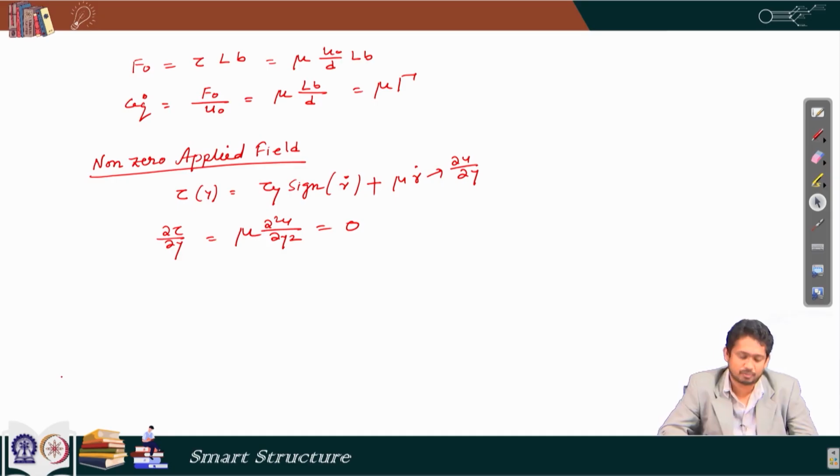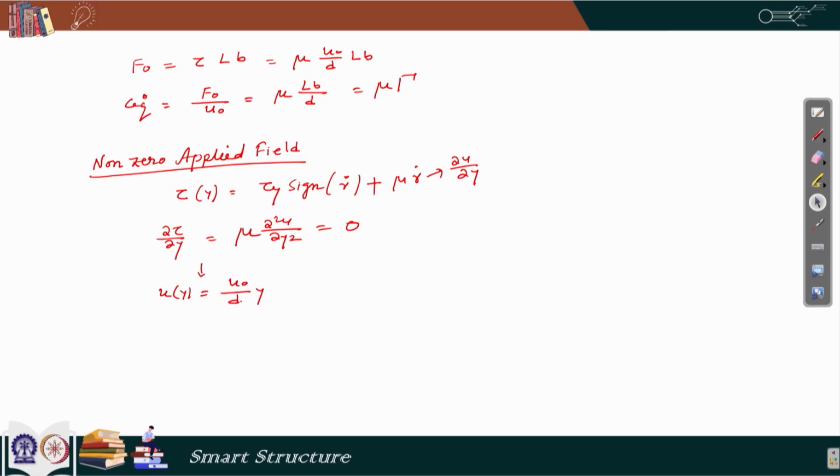At y equal to 0, u is 0, at y equal to d, u is 0. So, that gives me the same flow profile. From here we can find u as a function of y as u 0 by d multiplied by y.